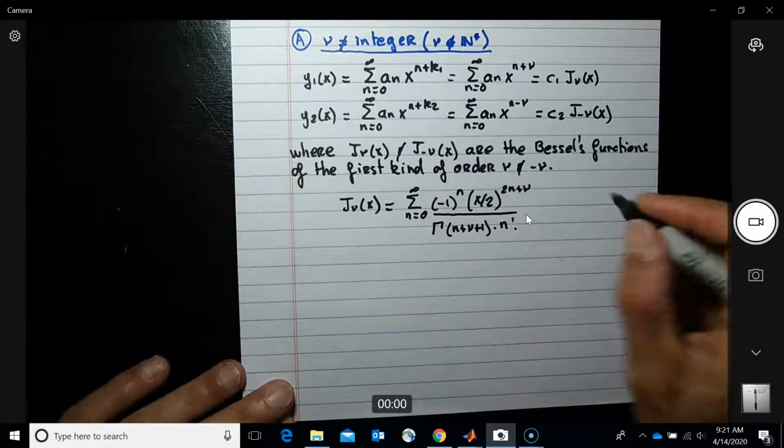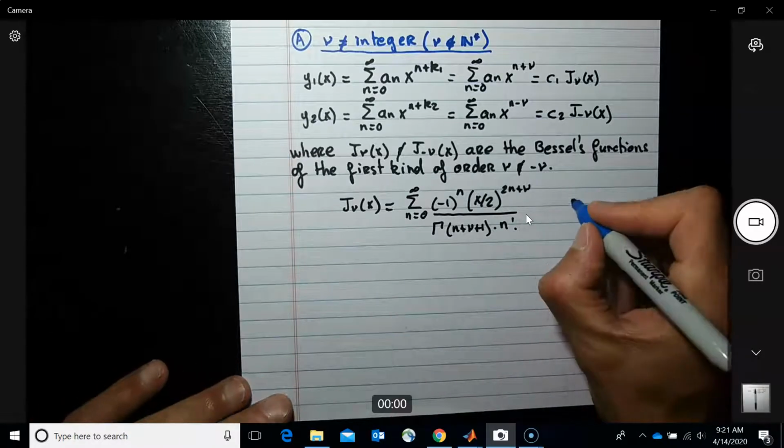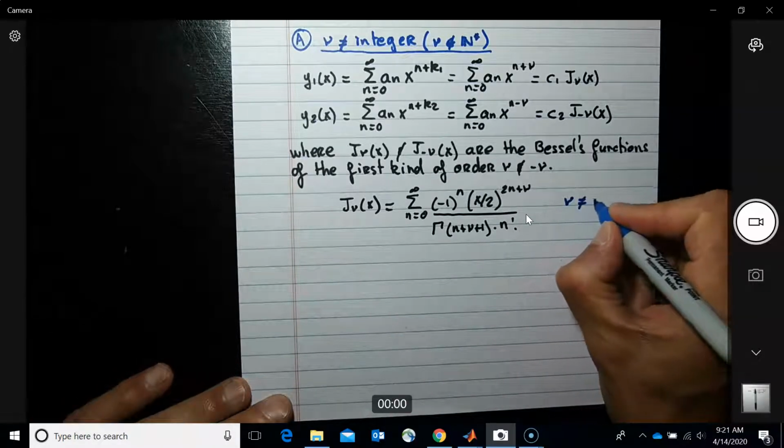Okay, this is when mu is not an integer.